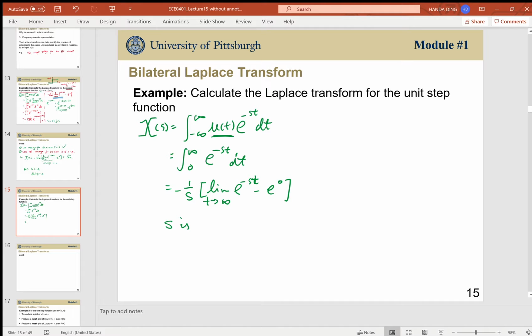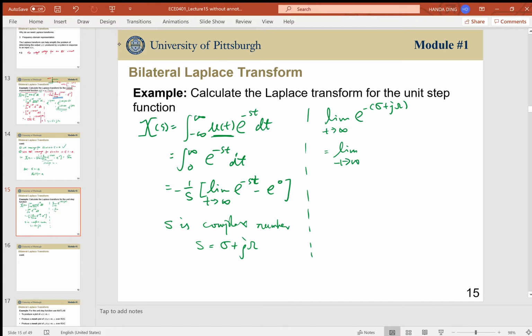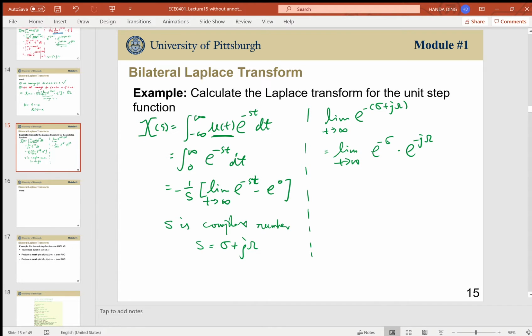S is a complex number, which is sigma plus j omega, right? And the problem becomes this. So how to do this?